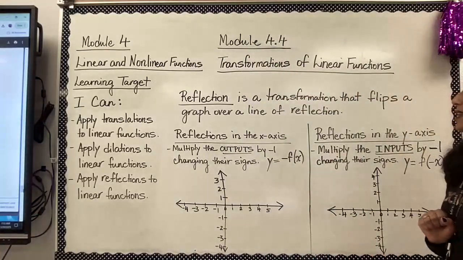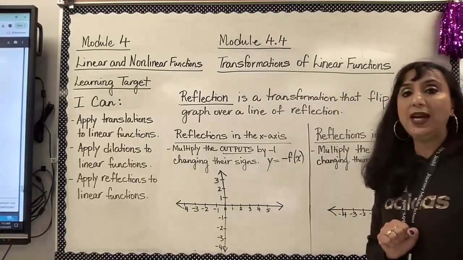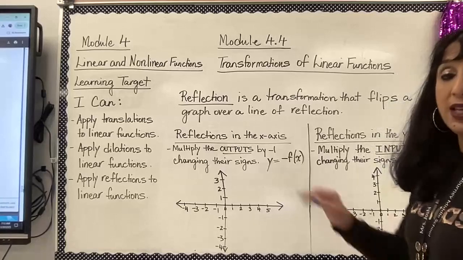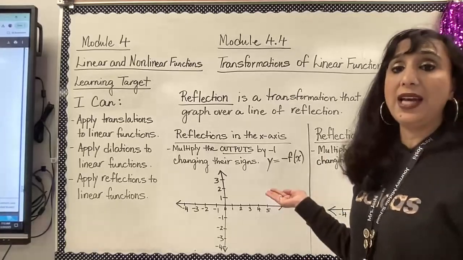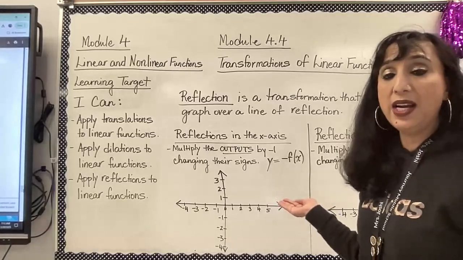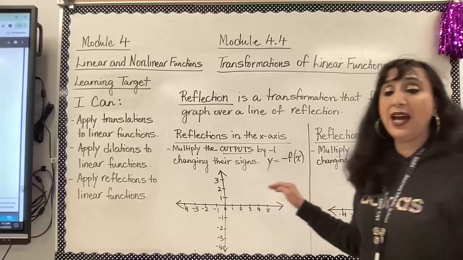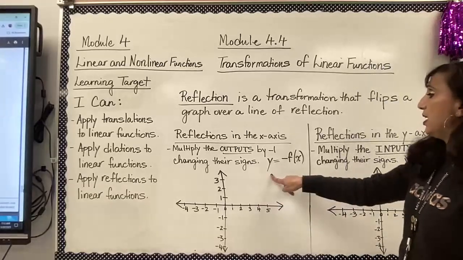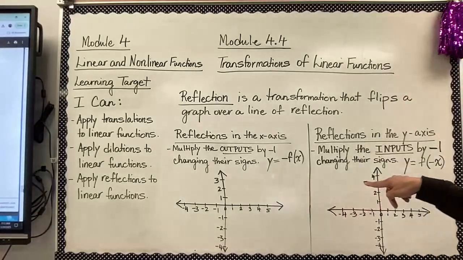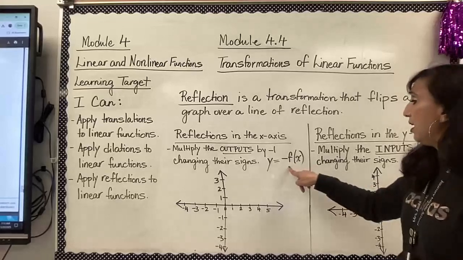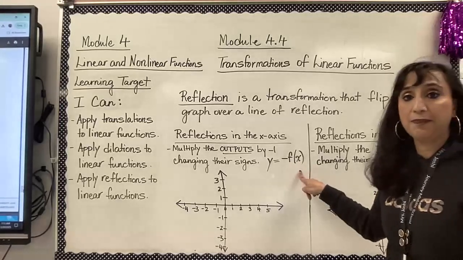Reflections in the x-axis, we are seeing the difference between the two. And you multiply the outputs by -1, changing their signs. And this is the equation for it. It says y is equal to -f of x.